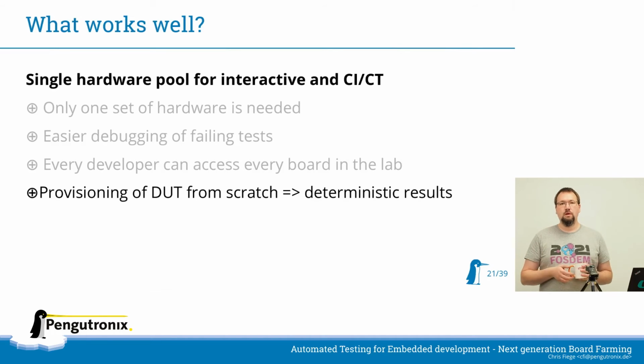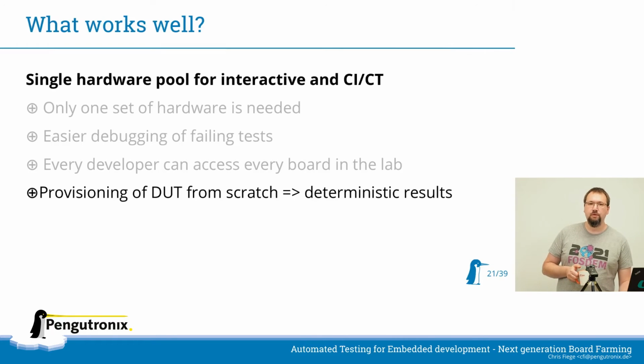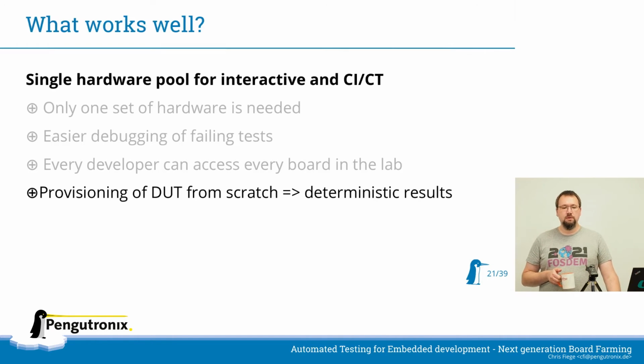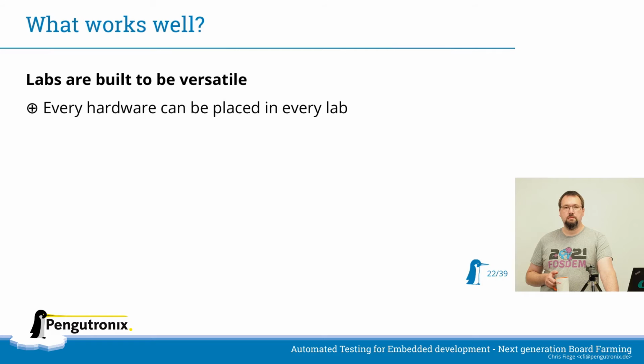And same for interactive work. We never know in which state the continuous testing has left the board, because you never know what went wrong at night unless you have looked into the results before. And so you can even use the provisioning from scratch for the interactive use, and that tends to yield more deterministic results for your work.